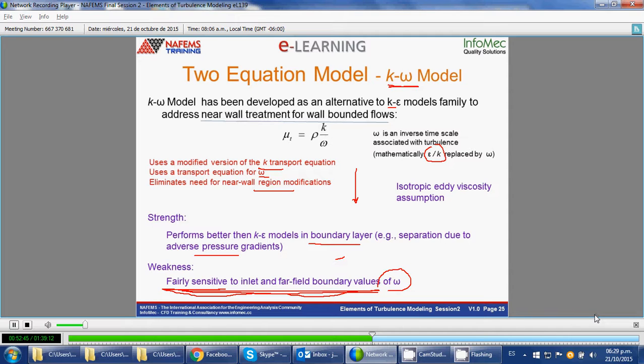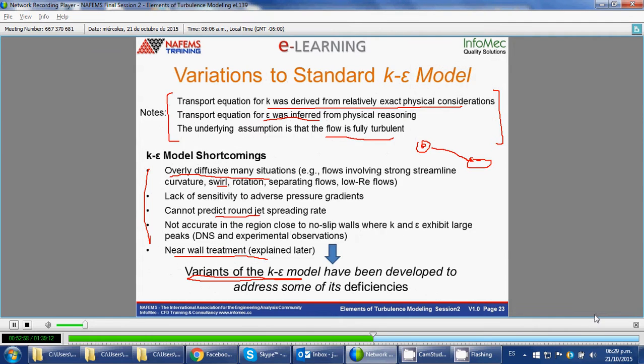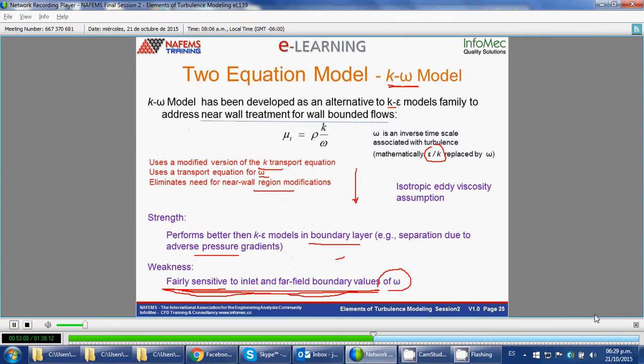So if you look at it, K epsilon was really good away from the wall, and K omega was really good near the wall, but it's kind of sensitive.